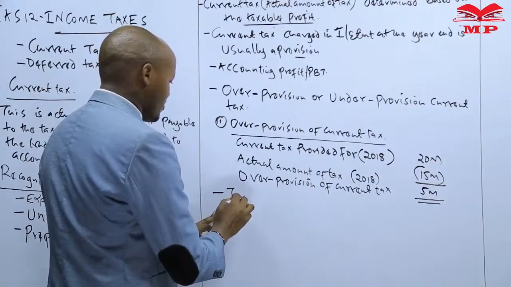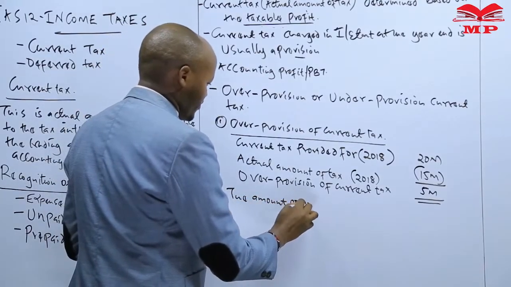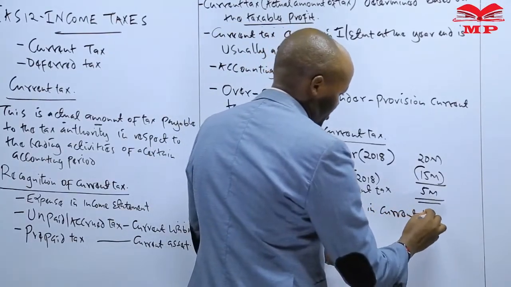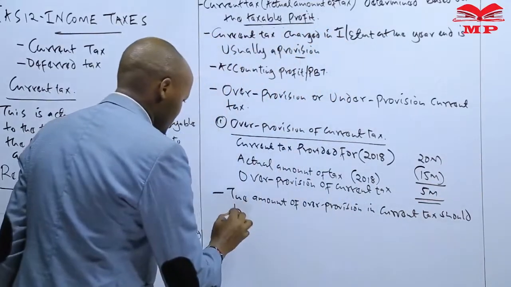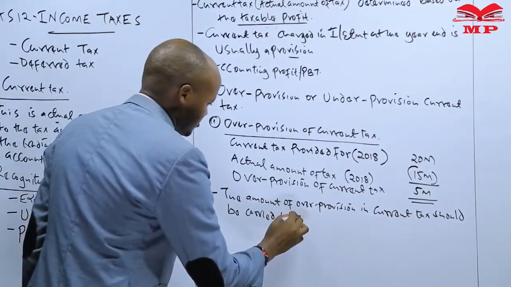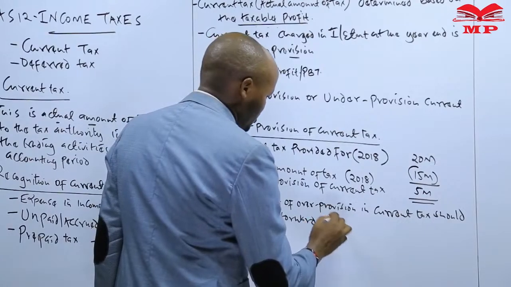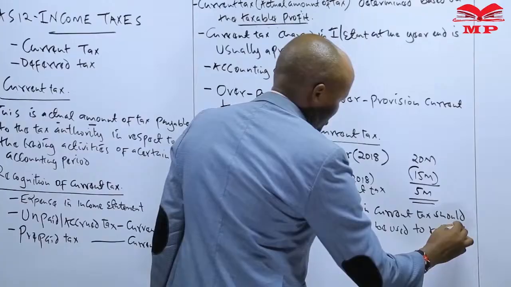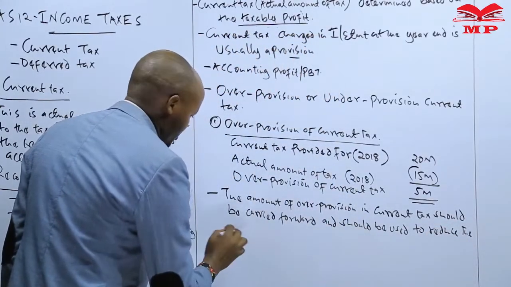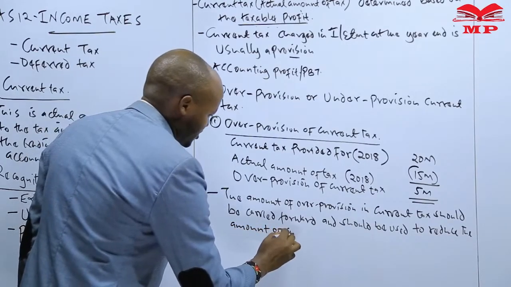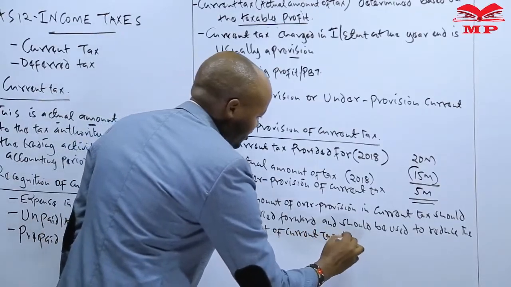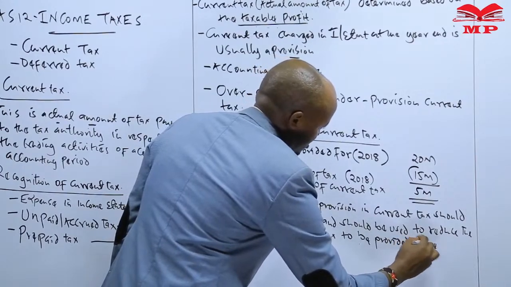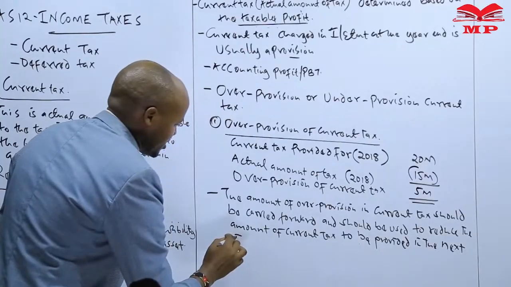Meaning that the amount of over provision in current tax should be carried forward to the next financial year, and should be used to reduce the amount of current tax to be provided for in the next financial year, or basically in the next year.